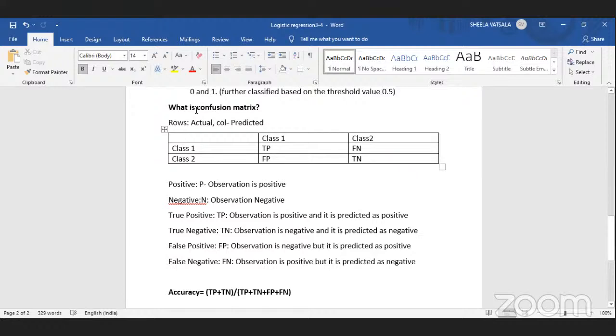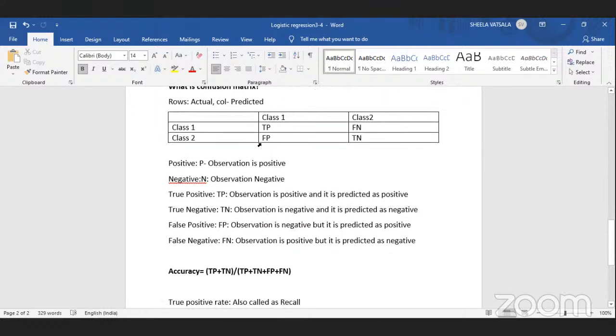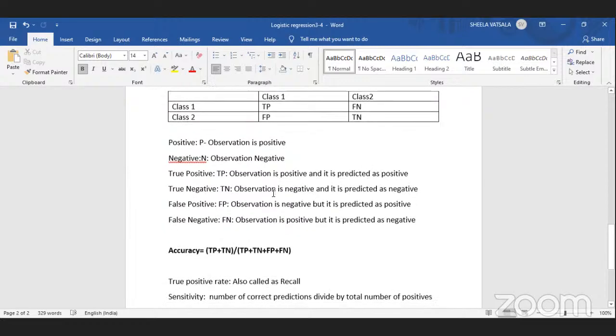As the name says, it is a confusion matrix and it can cause confusion. So if you stick to one method, with predicted values in the columns and actual values in the rows, it will help you figure it out easily. That's how I remember it. Here, these are the predicted values: true positive, true negative, false positive, false negative.